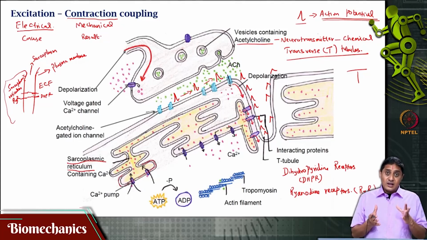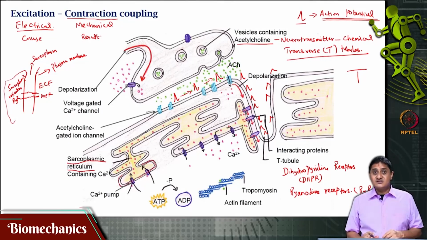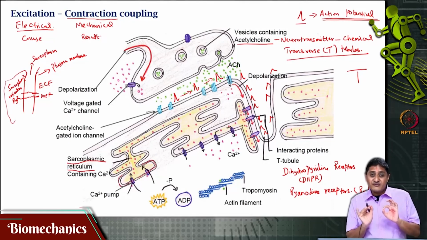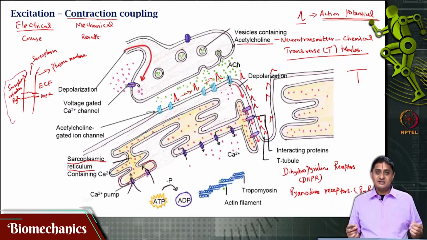And because a lot of calcium is stored inside the sarcoplasmic reticulum, and the rest of the cytoplasm is maintained practically free of calcium, there will be a huge concentration gradient between the sarcoplasm and the sarcoplasmic reticulum. Remember, both of these are within the same muscle cell.